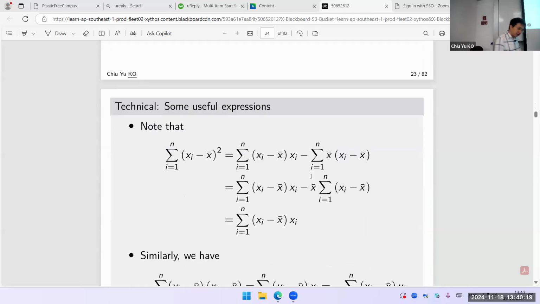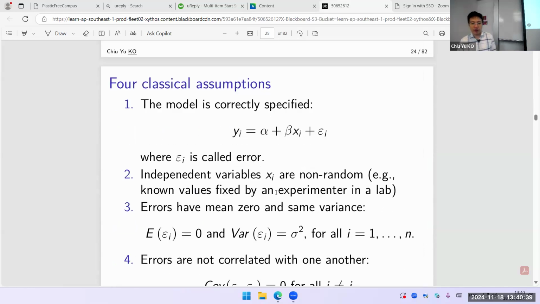There's no probability, there's no random variable. In this model, we just pick the data points. There's no sample idea here, okay? So in order to go to samples, we have to talk about a model. That's why we have what we call the classical assumptions. Here we will talk about probability and statistics.